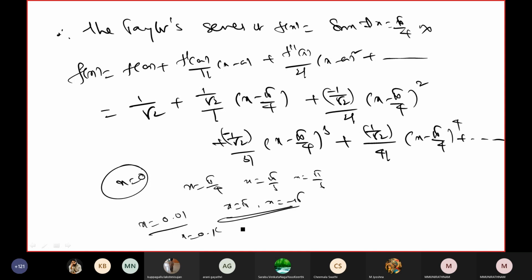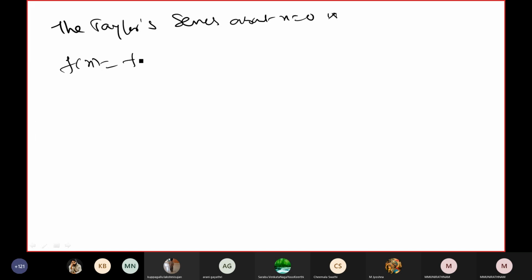Yes, please. So similarly, the Taylor series about x equal to 0 is nothing but what? F of x is nothing but f of 0 plus f dash of 0 by 1 factorial into x minus 0 plus f double dash of 0 by 2 factorial into x minus 0 whole square. Okay na?